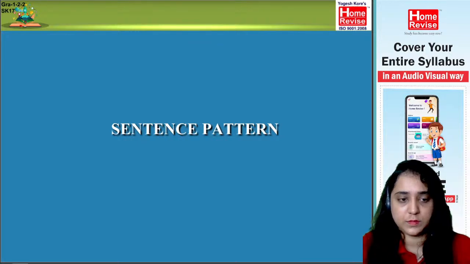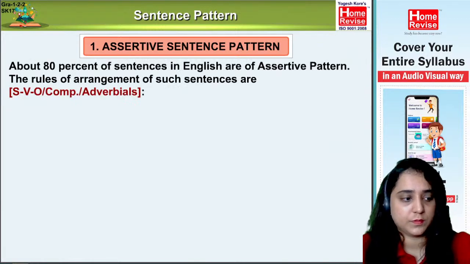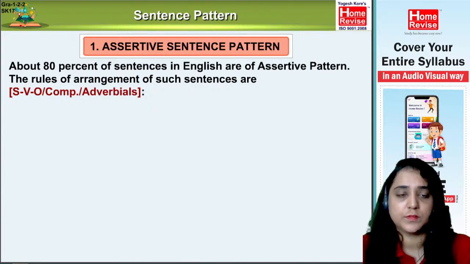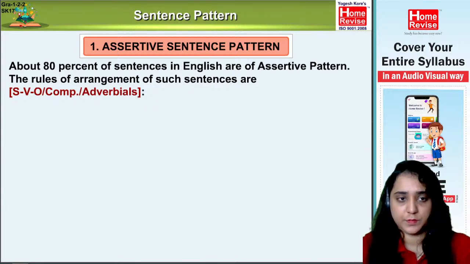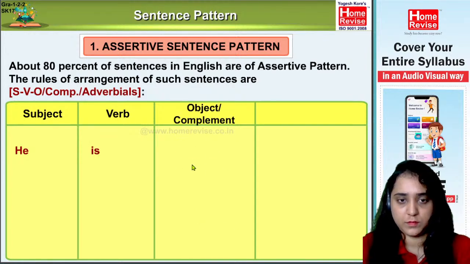Sentence pattern. Now let's see how. Assertive sentence pattern. About 80% of sentences in English are of assertive pattern. The rules of arrangement of such sentences are subject, verb, object or complement, or adverbials. Subject: he, verb: is, object or complement: a student.